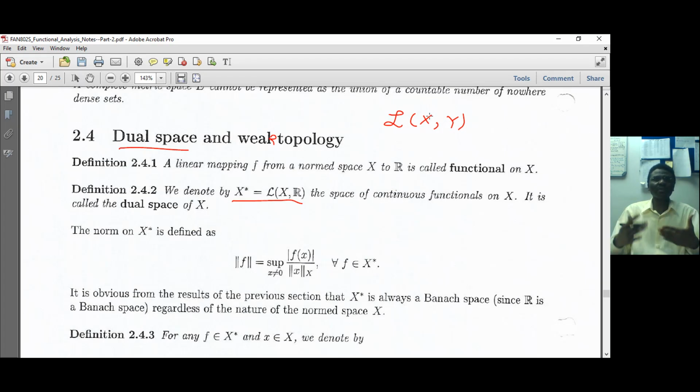Otherwise, we cannot talk about continuity or boundedness of an operator. When we talk about continuity, it means that there's already a topology in X and Y. And that topology, in fact, is the norm, right? So they are norm spaces.